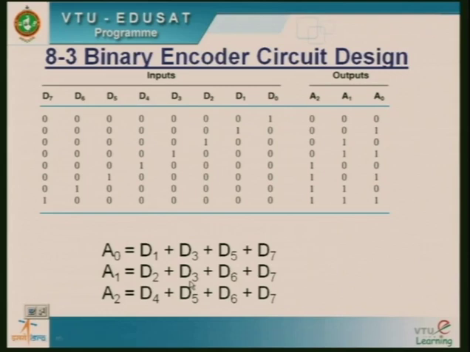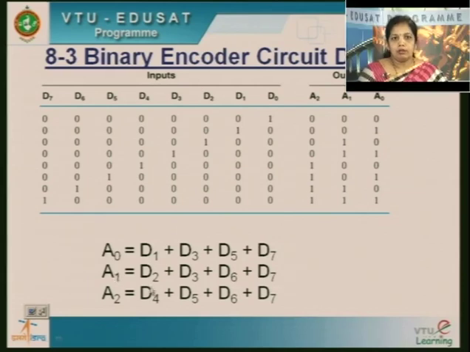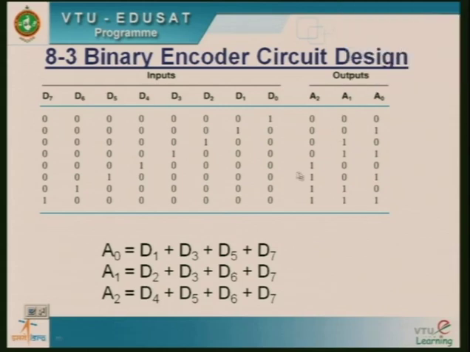So D2, D3, D6 and D7. So A1 is equal to these inputs. A1 will be high whenever we give these inputs. Then A2: A2 will be high whenever we have D4, D5, D6 and D7. So we have generated 3 equations since we have 3 outputs.